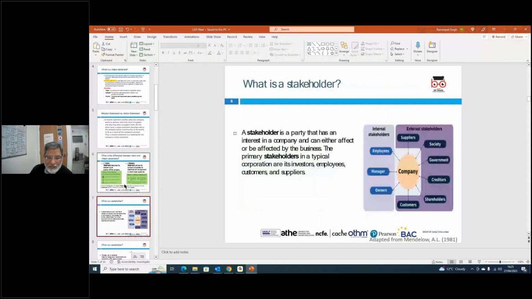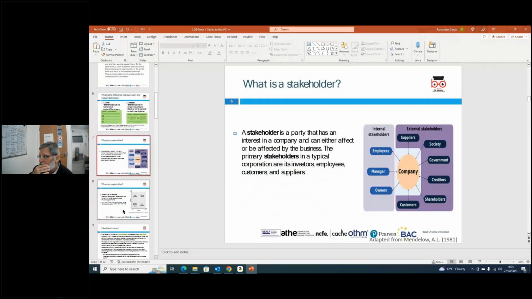Let's move on to the next thing, which is stakeholder. What do you understand by a stakeholder? Who is a stakeholder and what do they do? Any examples of stakeholders?